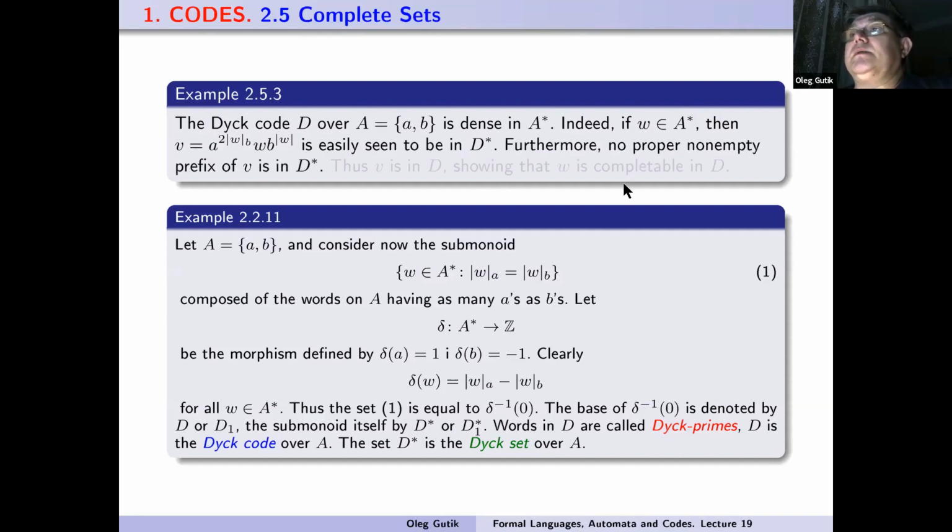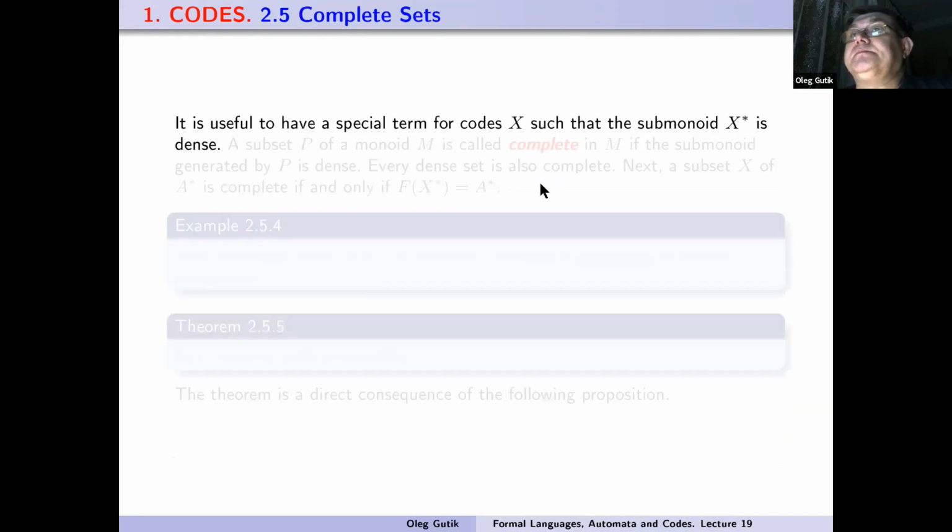Furthermore, the non-empty proper prefix of v is not in D star. Therefore, the word v is in D, showing that w is completable in D.